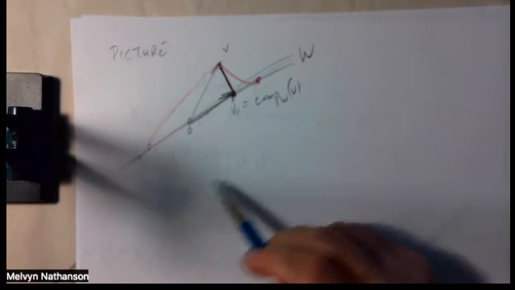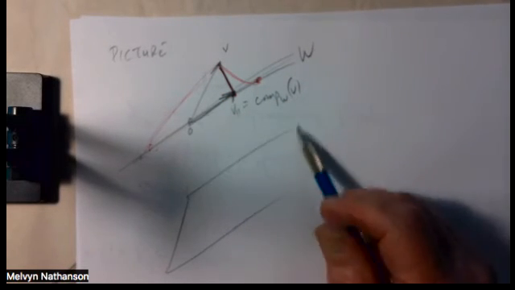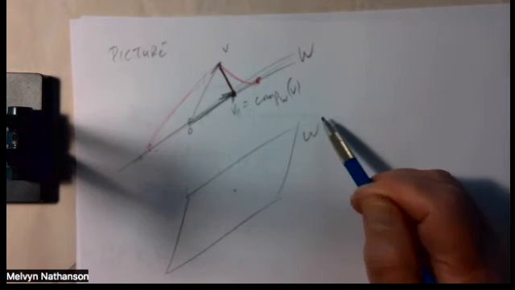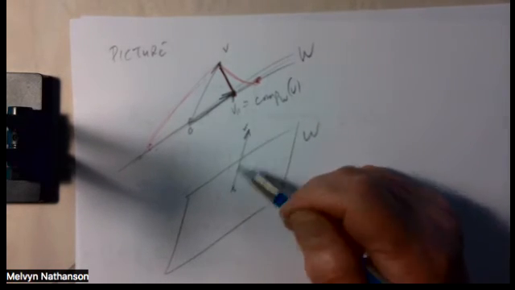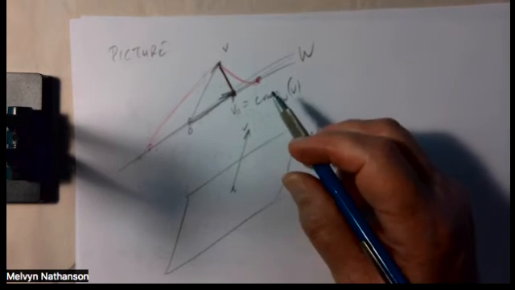And you can think of this in more than one dimension. So suppose you're in 3 space and here's a two-dimensional subspace. And you have some vector V, which is not in the subspace.